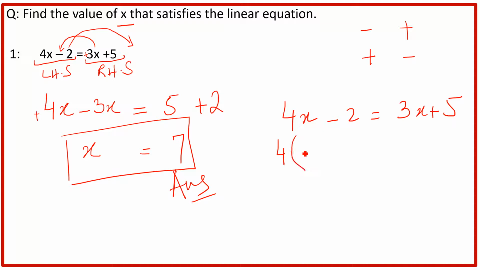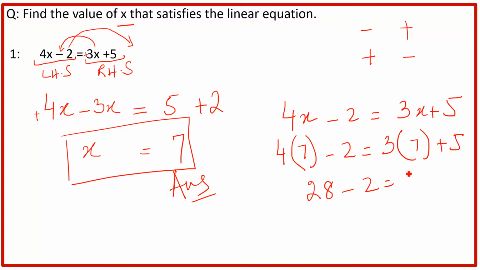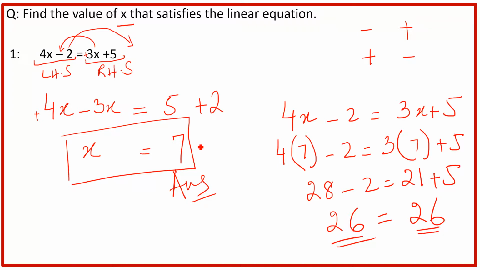So 4 multiplied by 7 minus 2 is equal to 3 multiplied by 7 plus 5. 4 times 7 is 28, negative 2. 3 times 7 is 21, plus 5. 28 minus 2 is equal to 26, and this is 26. If both sides are equal, it means our answer is correct.